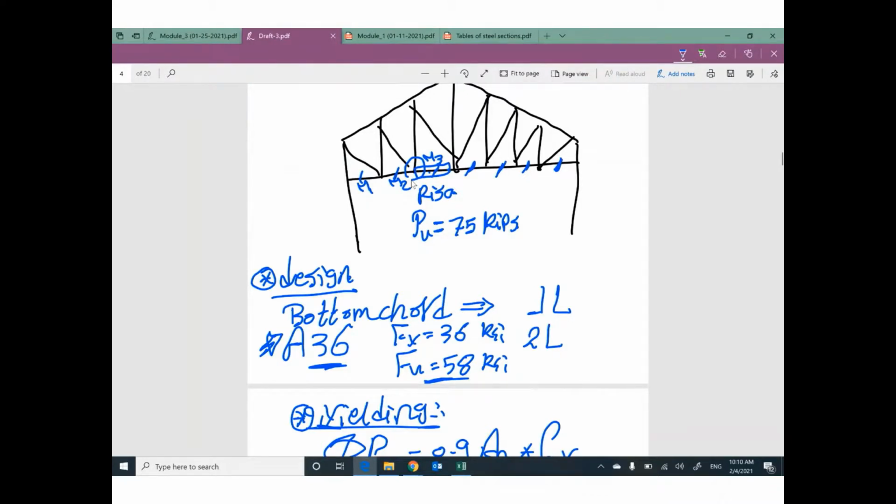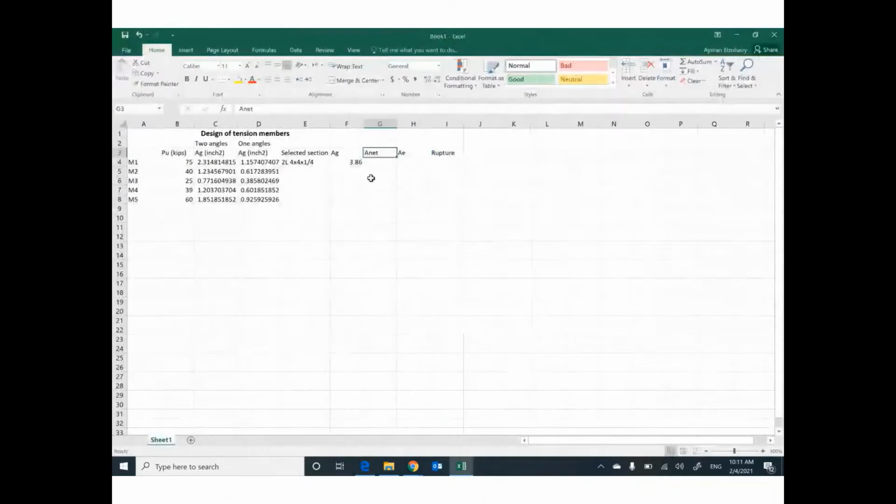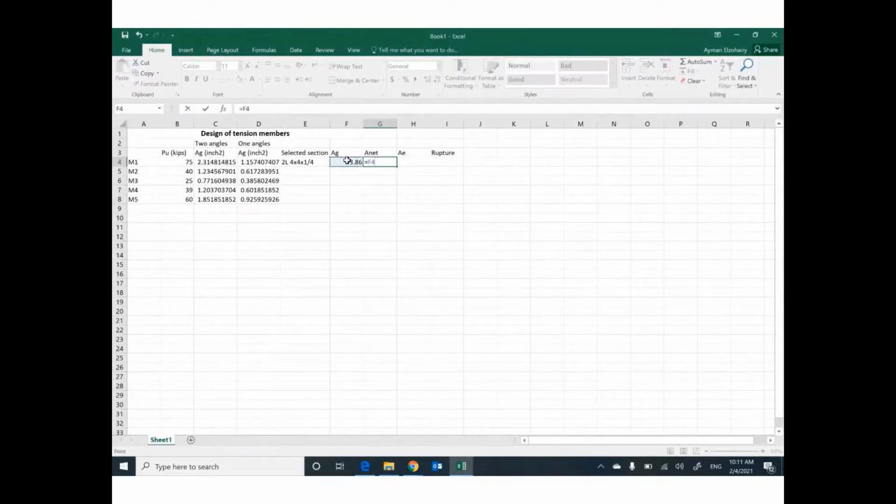We will design how many bolts you need, what the diameter of the bolt is, and what the design of the connection is. Until the end of next week, we are going to assume we have a welded connection. So the area net will equal the same value as area gross. And the area effective equals U times area net. I'm going to assume U equals 0.75.